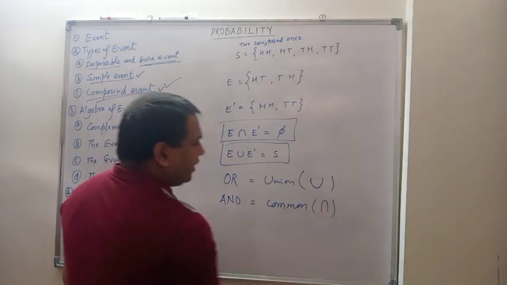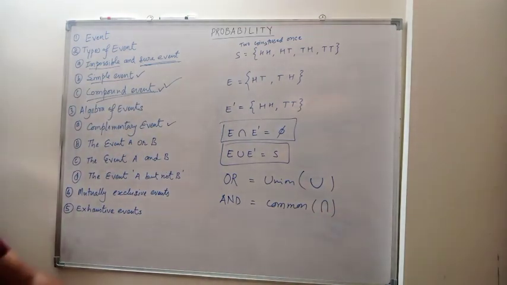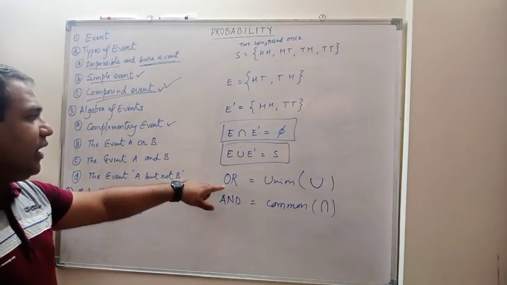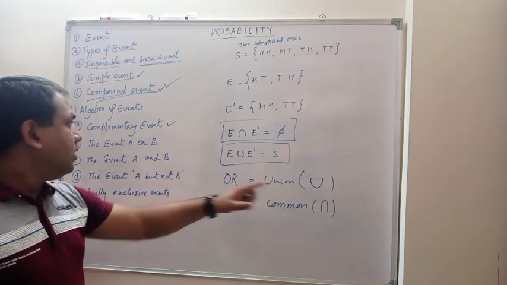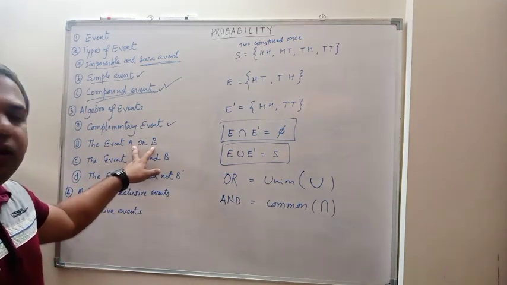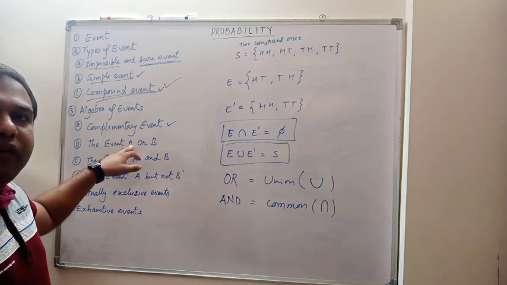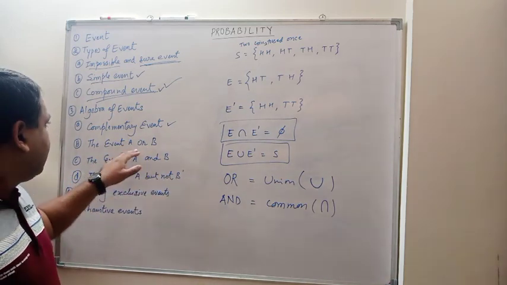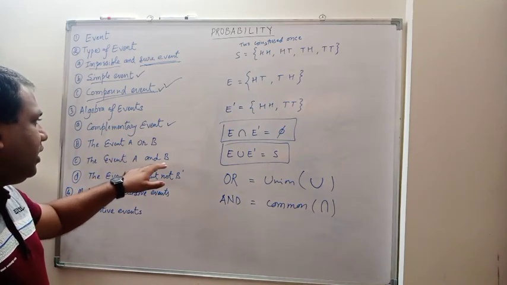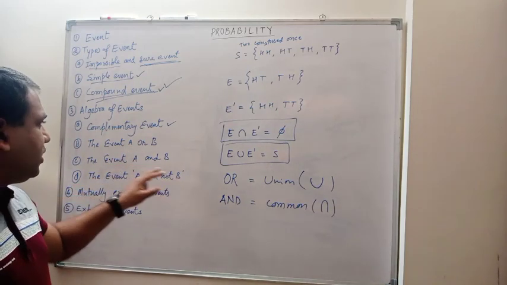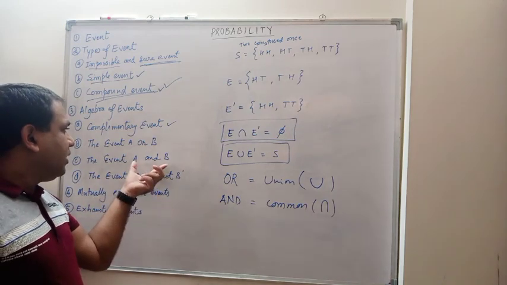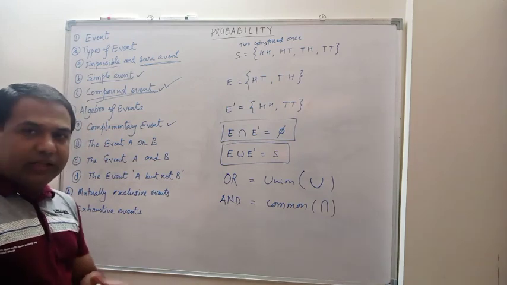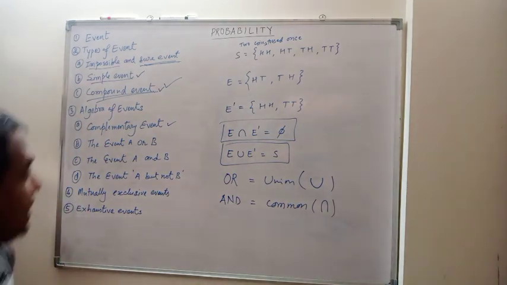So the event A or B means we have to find the union of these two: a sample point that is in event A or B or in both, then only we will consider it. And in event A and B, if a sample point is common to both, only then will we consider it. We will see that in the next example.